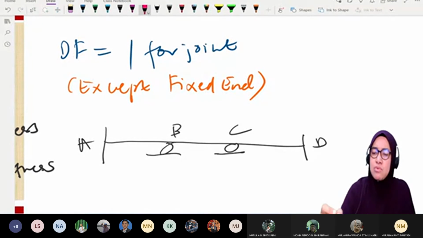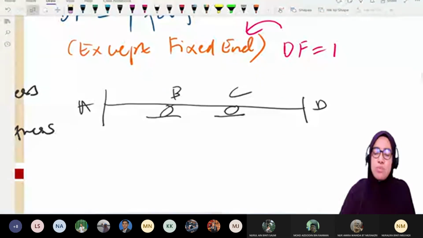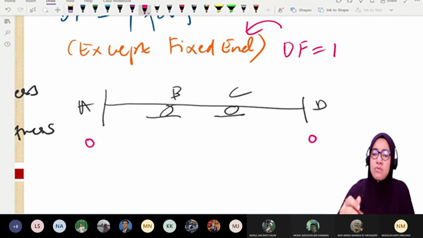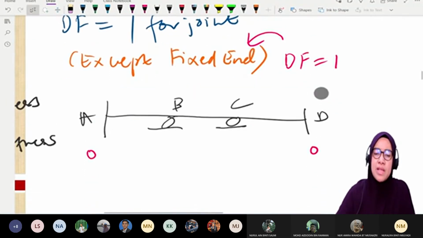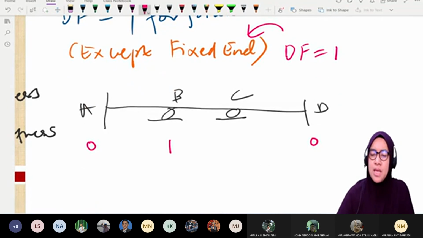Because the distribution factor for a fixed end is equal to 0. It means the distribution factor for A, for AB, is 0. For D also 0. For B, the distribution factor equals 1. C equals 1.